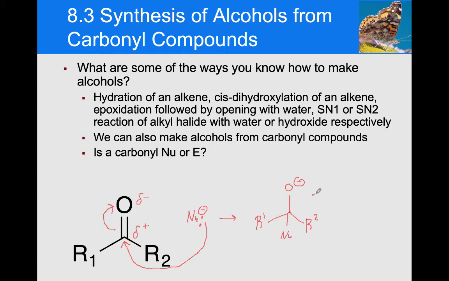Then if I react that with acid in a second step, I can protonate the alkoxide to make the alcohol here. So let's go over different ways we can do that.